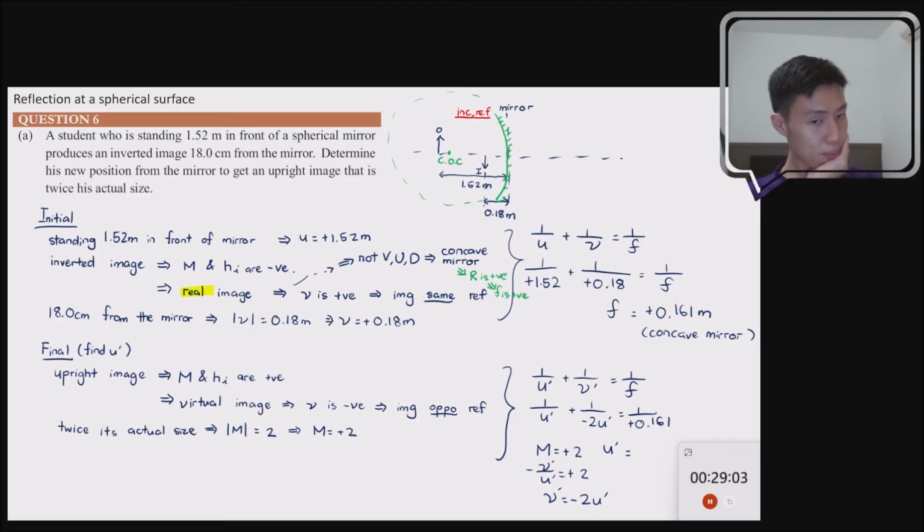It will take some time because I'm using the solve function. I'm too lazy to manipulate the algebra. Okay, so what I get here is positive 0.0805 meter.